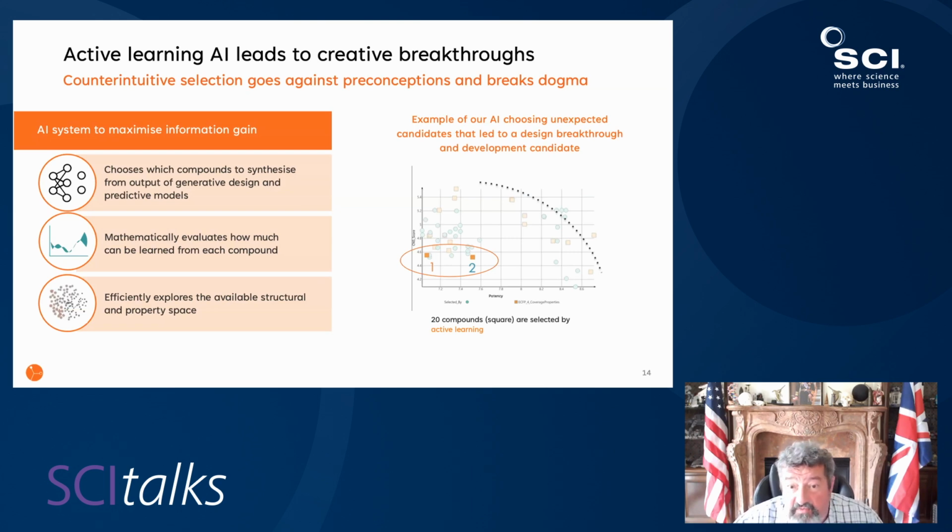And we've got some really nice examples now where we've used active learning to break out of established areas of chemical space and move into areas of novelty, and also to quantify, against the background of the inherent uncertainty in the biology and the chemistry results, how much each compound is adding in our forward steps.